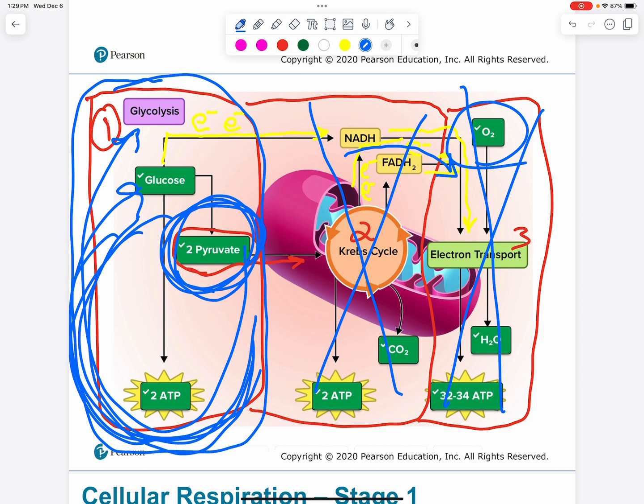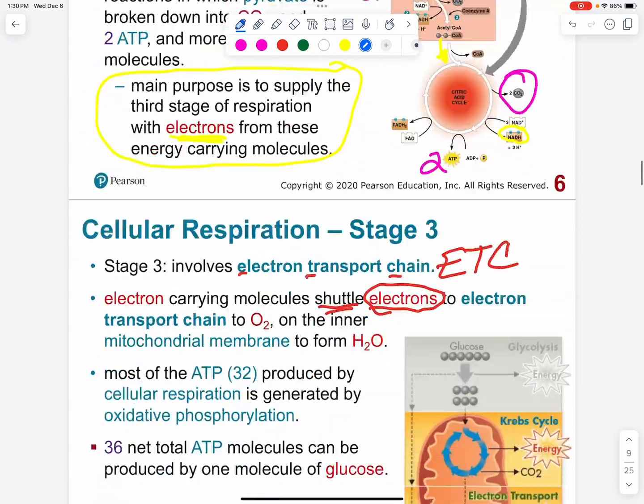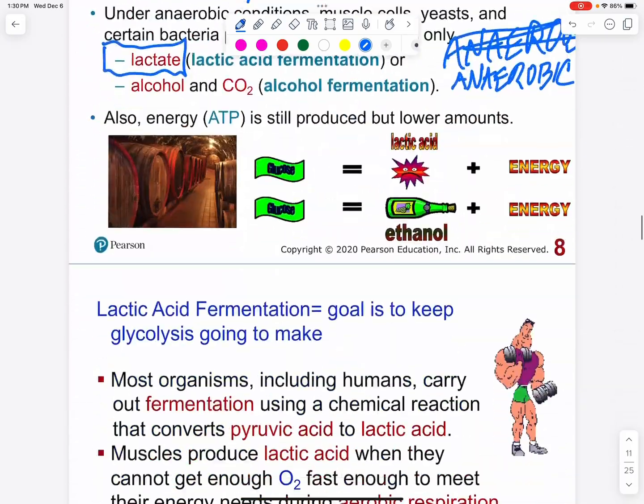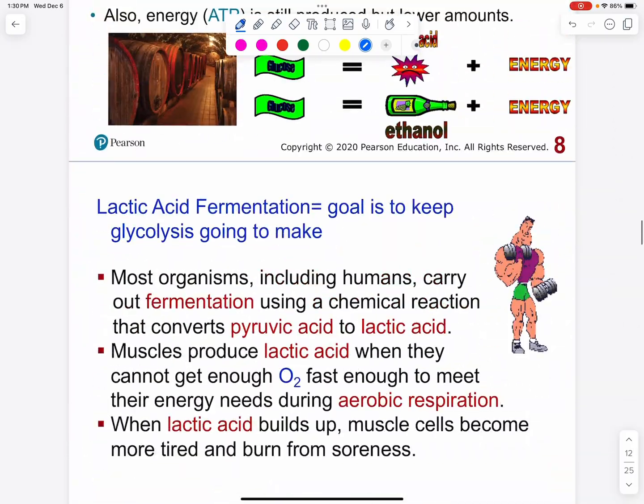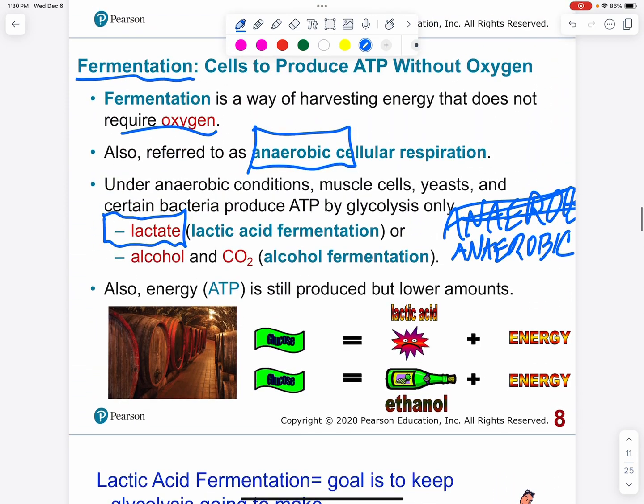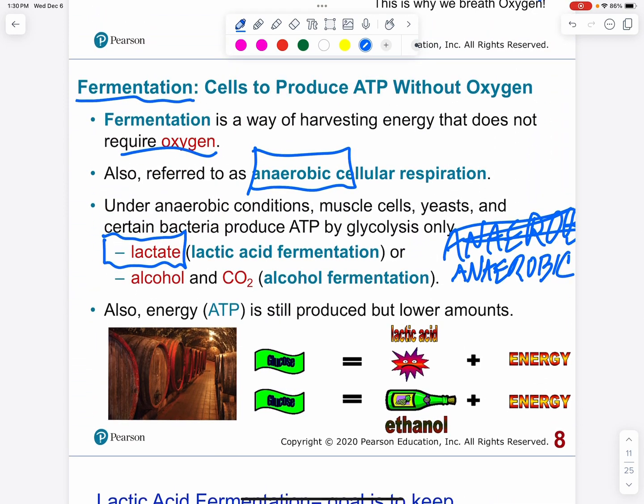And then once you breathe, this pyruvate, which gets turned into lactic acid to keep glycolysis going, it's our fail-safe backup mechanism. If there's a fire, if there's danger, you're going to run and not worry about stopping and catching your breath. That's what lactic acid fermentation is in humans.